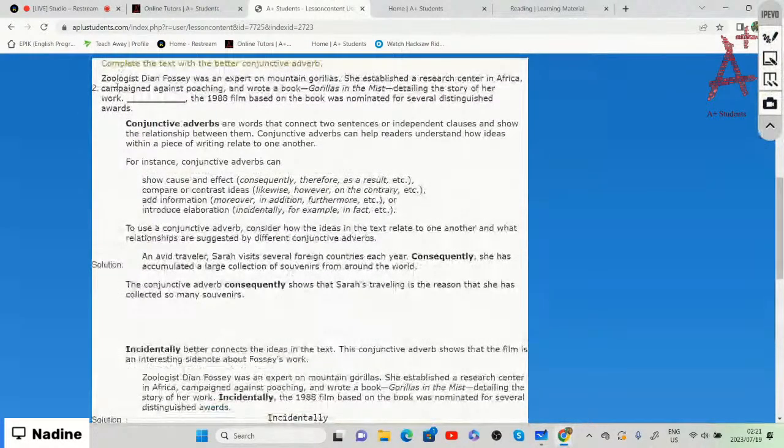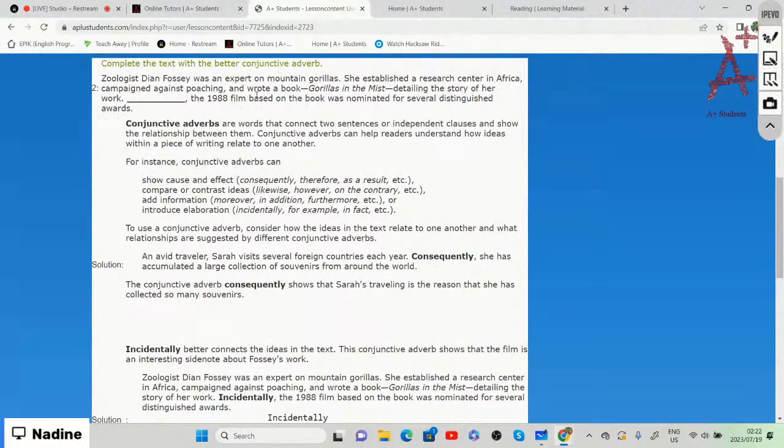Okay, zoologist Diane Fossey was an expert on mountain gorillas. She established a research center in Africa, campaigned against poaching, and wrote a book, Gorillas in the Mist, detailing the story of her work.